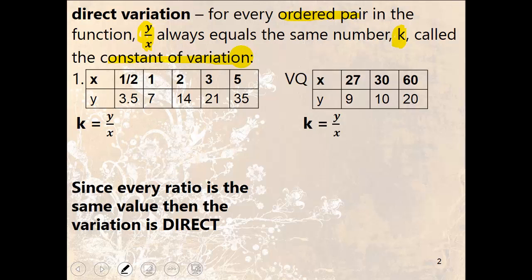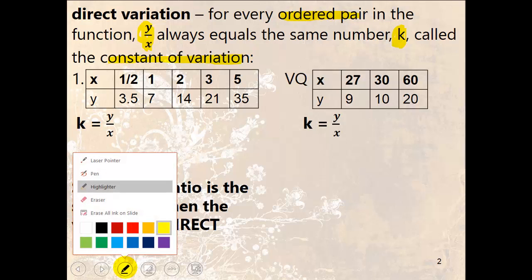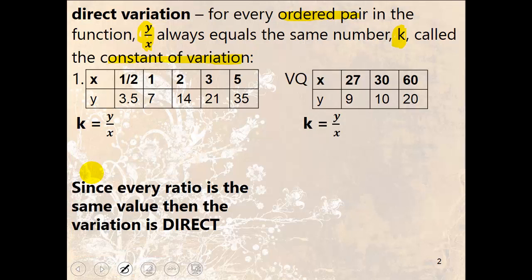So if you're given tables like we are here, this is easy for us to check to see if it's direct variation. We simply take our y value and divide it by our x value, and that would give us 7. And 7 divided by 1 is 7. And 14 divided by 2 is 7.